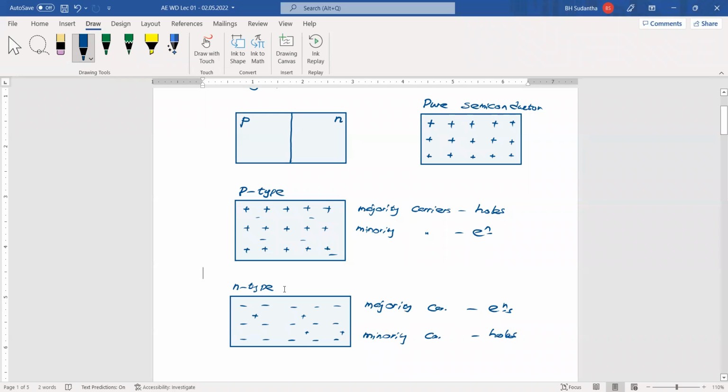Having all the characteristics of p-type and n-type semiconductors, we can combine these two together. When you combine these two together, what will happen?